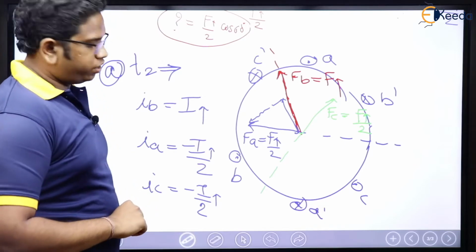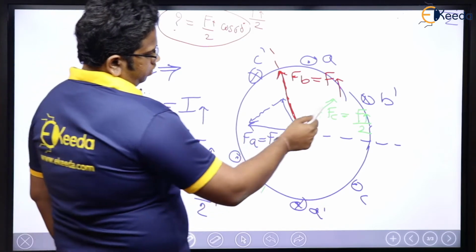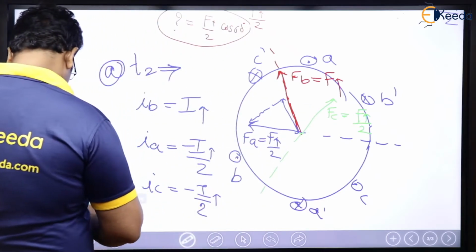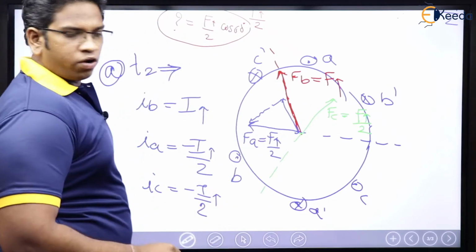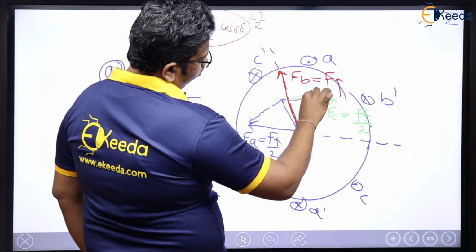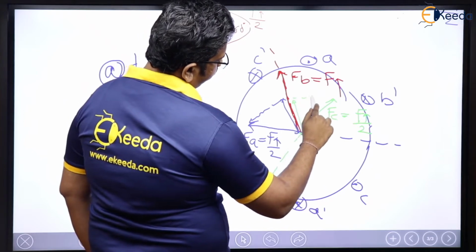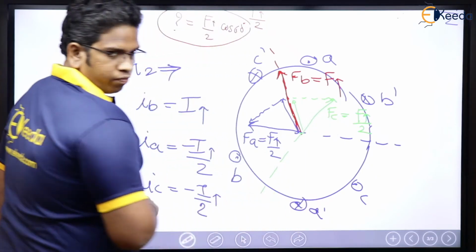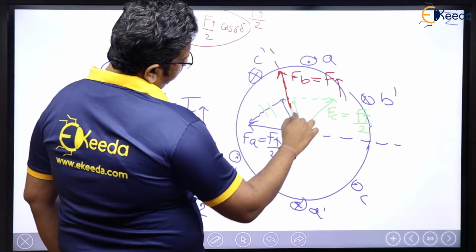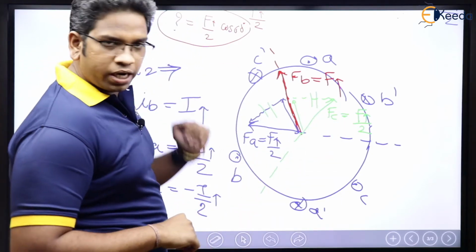Same for FC. This FC can be divided into a horizontal component and a vertical component. Now, since these two are equal and opposite, these two will get cancelled.